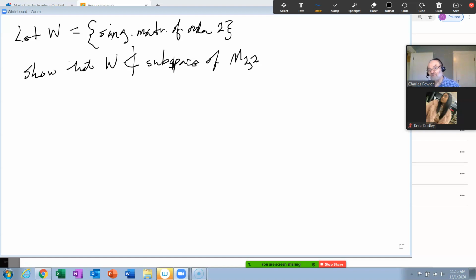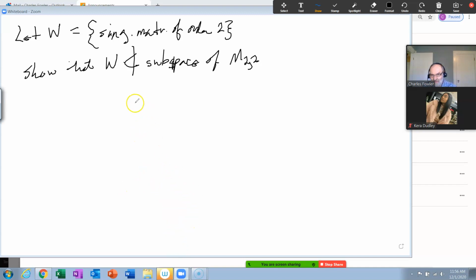Now, remember what singular means? Non-invertible. Okay? Set of all singular matrices of order 2. So they are 2x2 matrices, so they're a subset, and actually this symbol here says not a subset of.